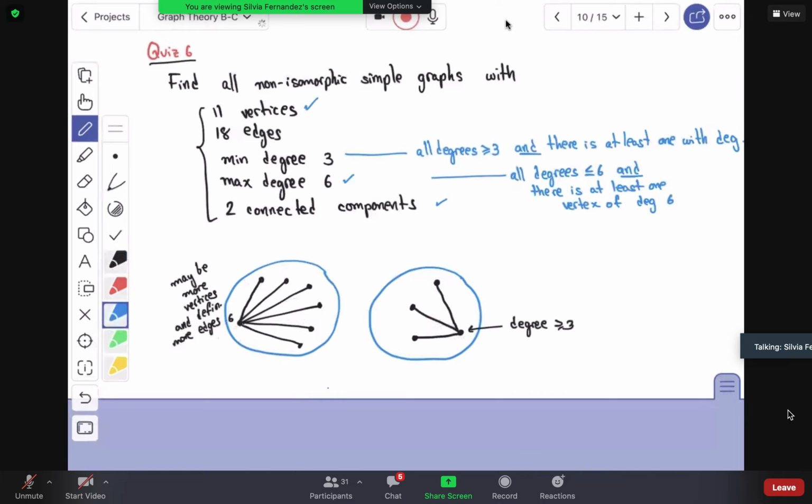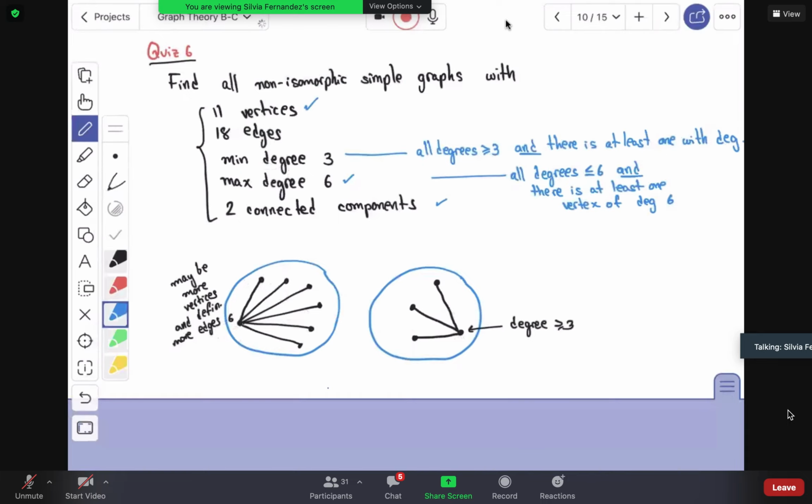Now, I still need to make sure that all the vertices have degree at least 3. I cannot have vertices of degree 1. I see lots of vertices of degree 1, so we haven't finished. But let's look at this one because this is the small component. All of them need to have at least degree 3, and the only way to do that is if I make this the complete graph.